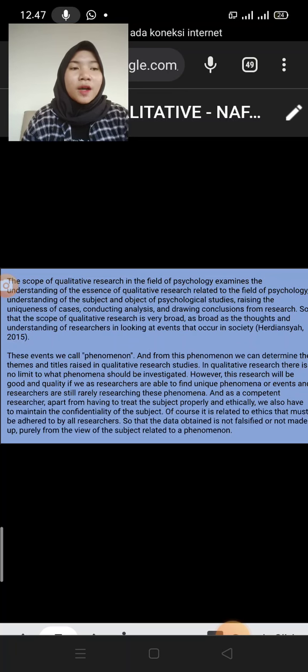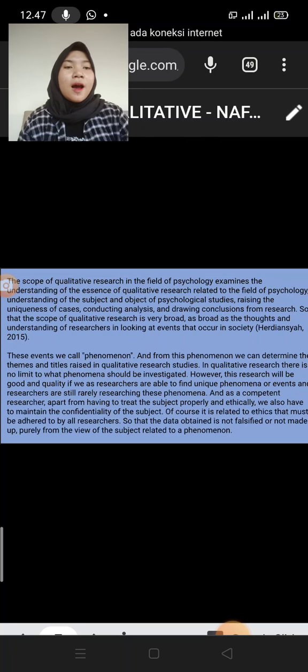However, this research will be good and of quality if researchers are able to find unique phenomena, or phenomena that researchers have still rarely researched.